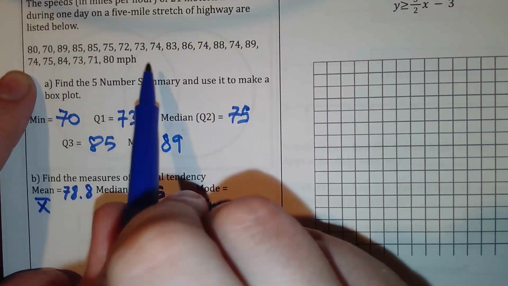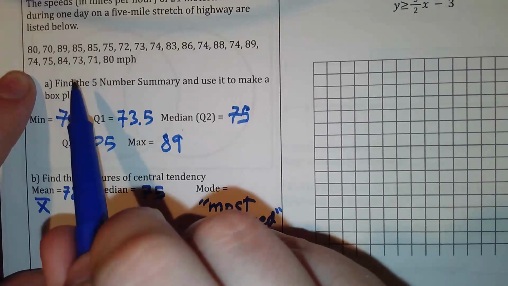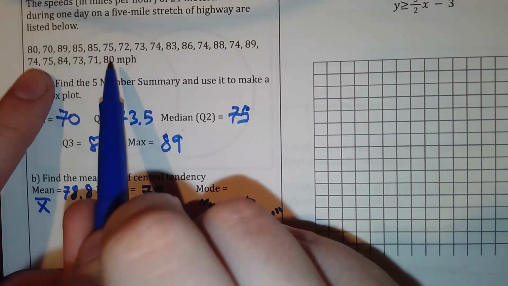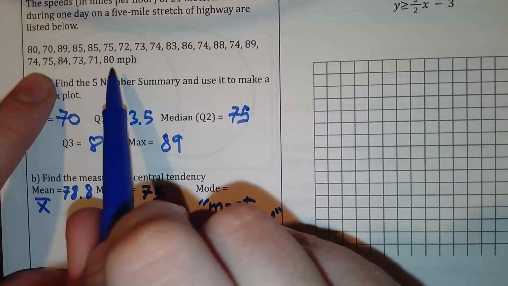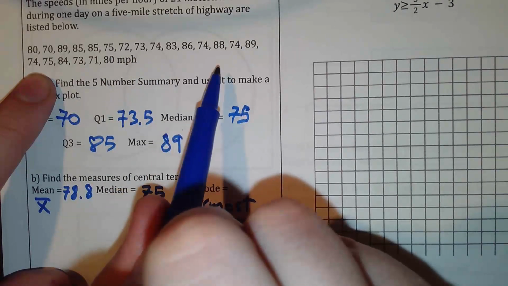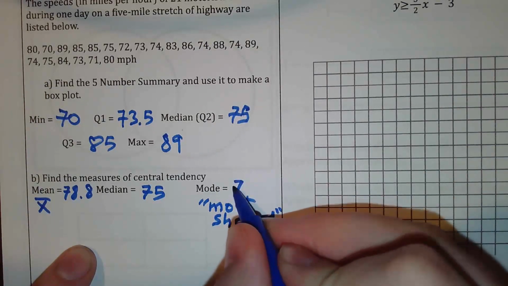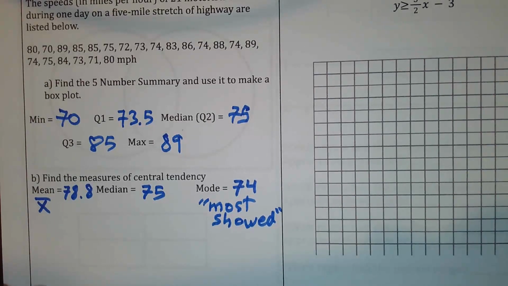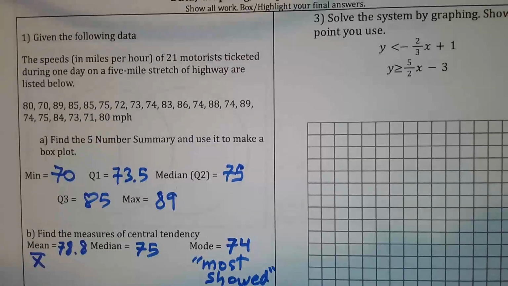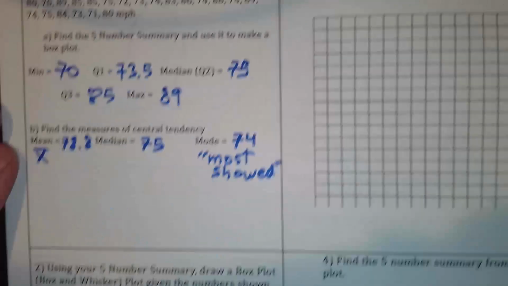We have 75 a couple times, but it looks like on this list the number that shows up the most is going to be 74. I'm going to double check. But yeah, the number that does show up the most is going to be the number 74, which completes number 1. Okay, let's move on to number 2.